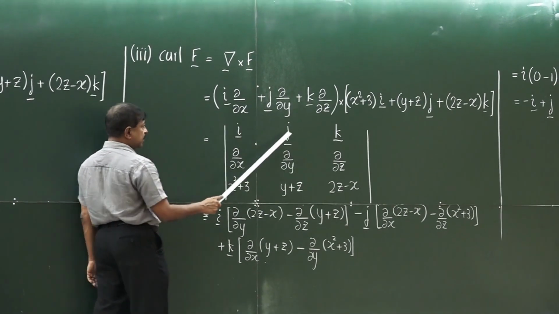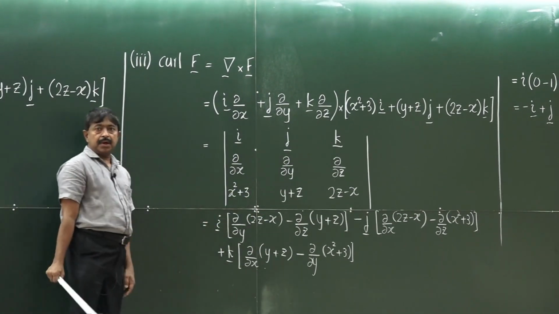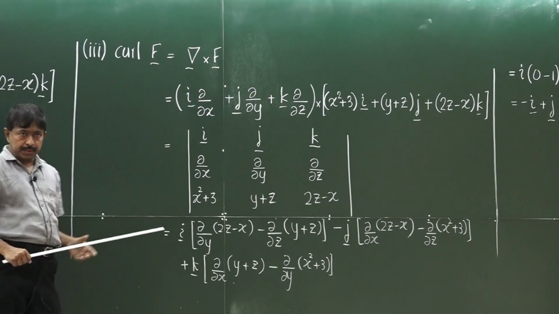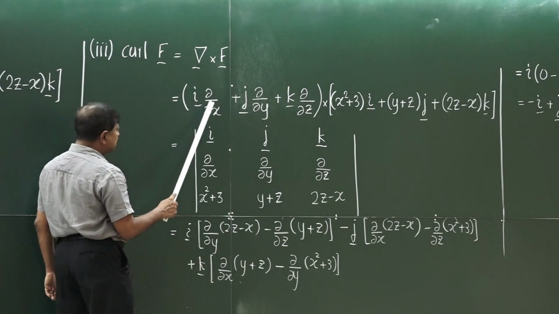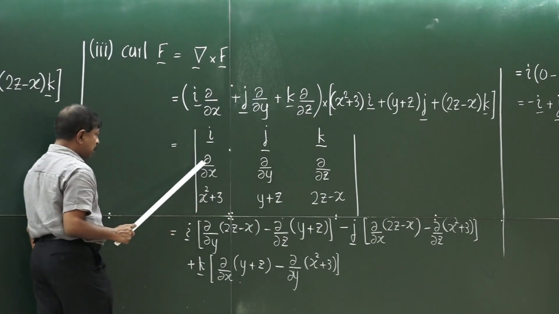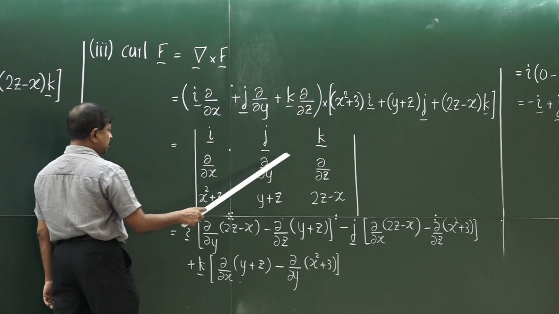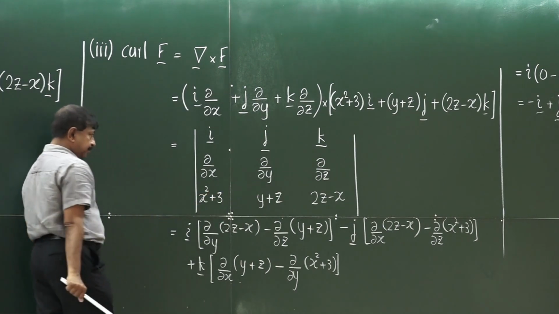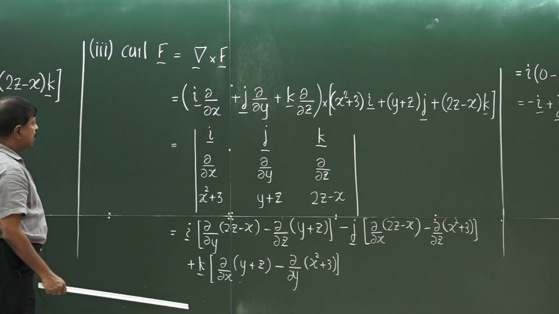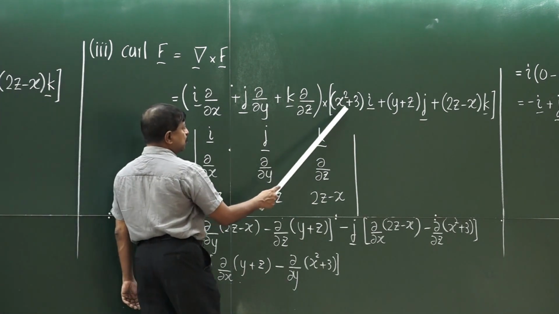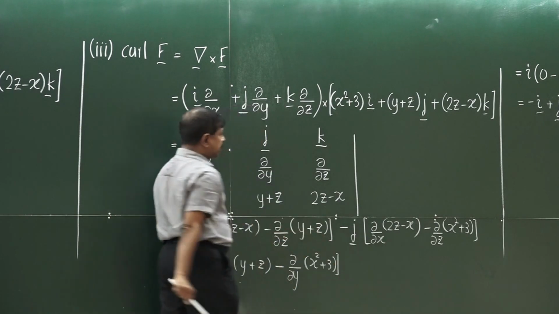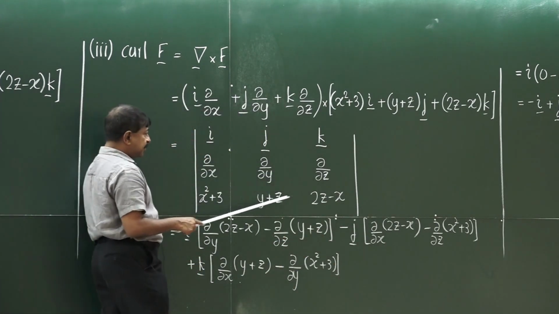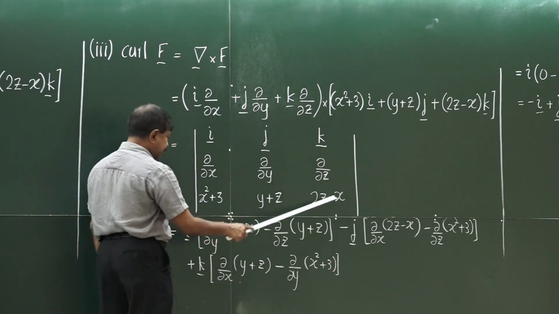You first write the unit vectors i, j, k in the same order, then the components of the first vector. So, you have partial over partial x, partial over partial y, partial over partial z in the second line. Then in the last line, you have to include the components of the third vector. So, x squared plus 3 comes first, then y plus z, then 2z minus x.